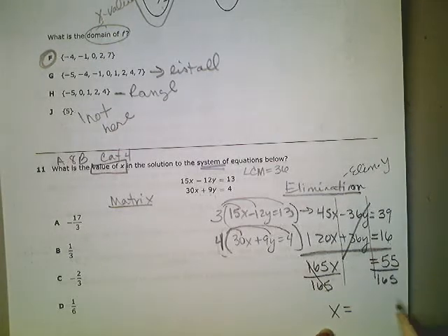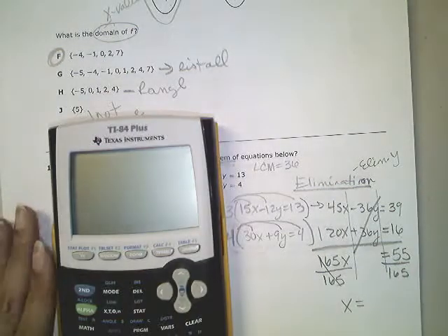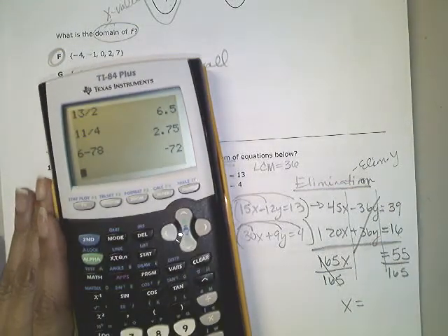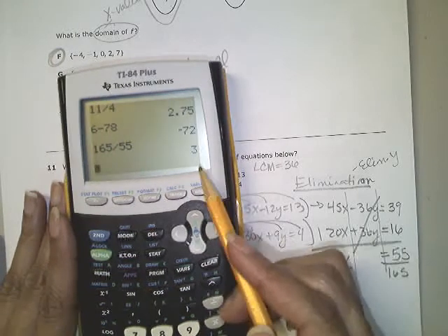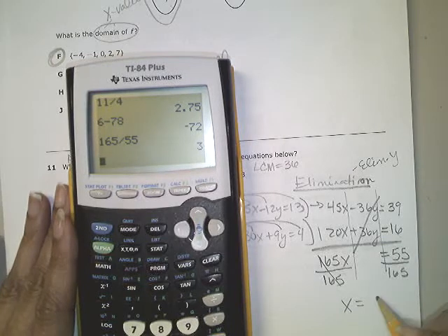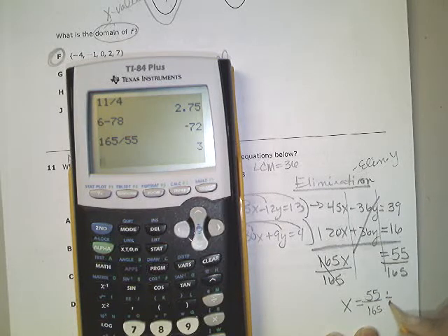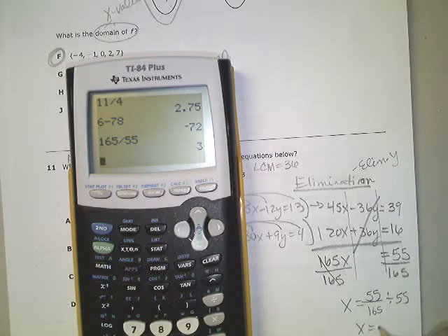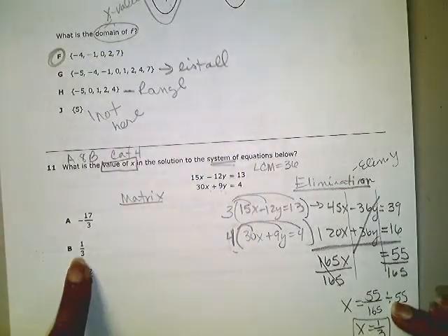X is equal to, if I need to simplify 55 and 165, I can use my calculator to see if it goes into it at all. And it does evenly. So if I divide both of those by 55, I'm going to get 1/3. X equals 1/3. Come over here, that's B.